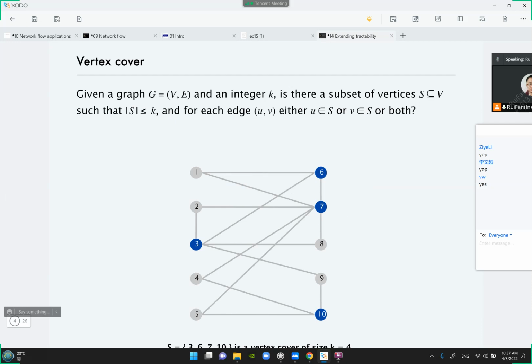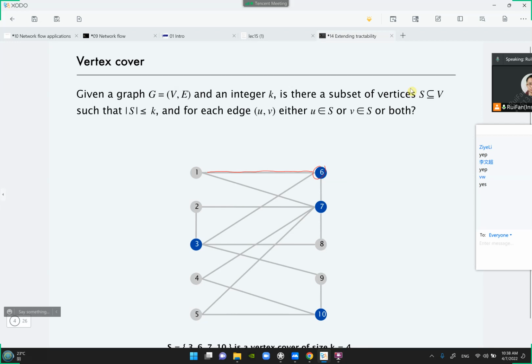The situation is that you're given this graph. And what you need to do is to select a subset of the vertices. And the subset of vertices needs to cover all of the edges. So for example, here in this graph, let's select these blue vertices over here. Now these blue vertices are going to cover all of the edges in the sense that, for example, if you take this edge, this is being covered by this 6th vertex because the 6th vertex touches this edge.